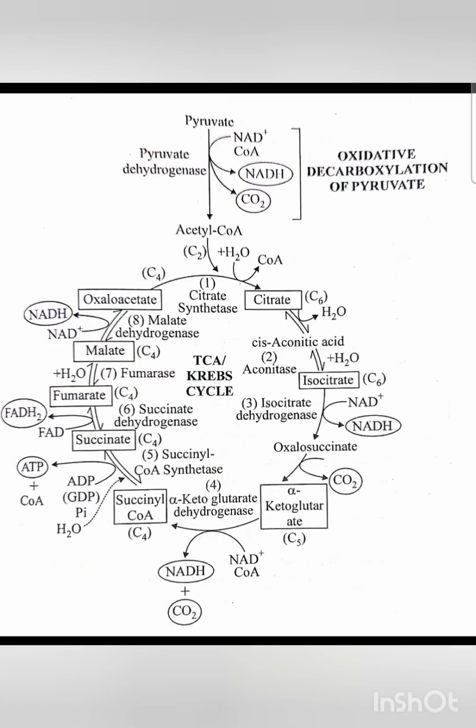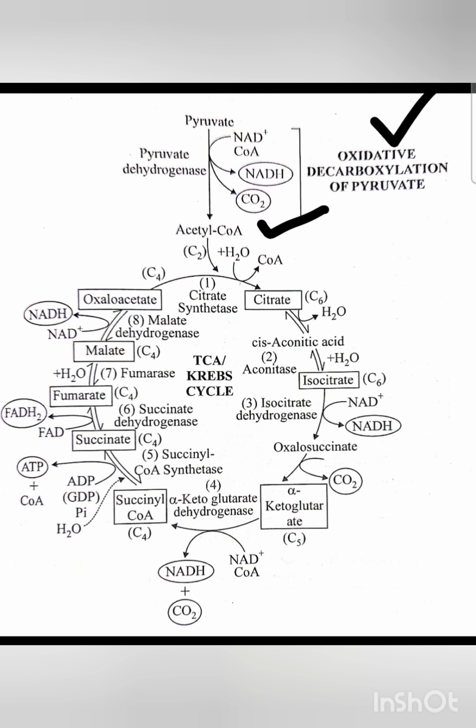Then after the formation of acetyl coenzyme A by oxidative decarboxylation, acetyl coenzyme A enters into the Krebs cycle or tricarboxylic acid cycle. It is called the Krebs cycle because this cycle was discovered by Sir Hans Krebs. So according to his name, this cycle is named the Krebs cycle.